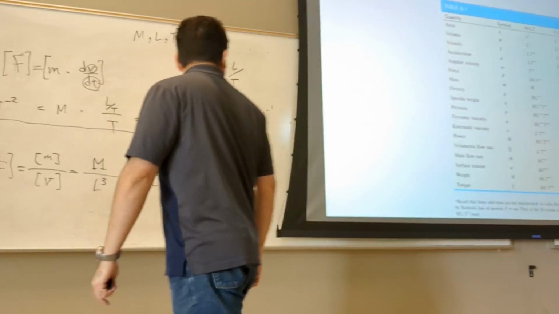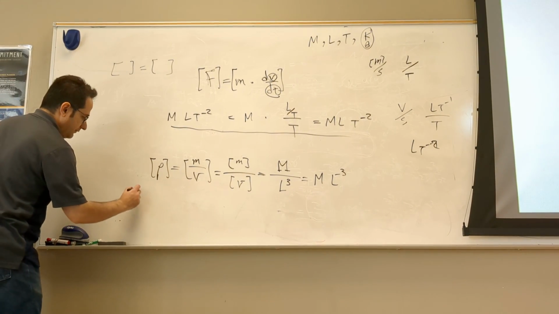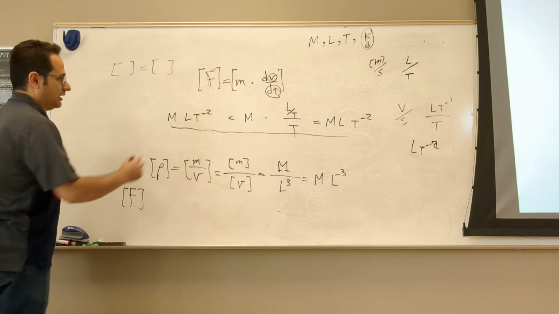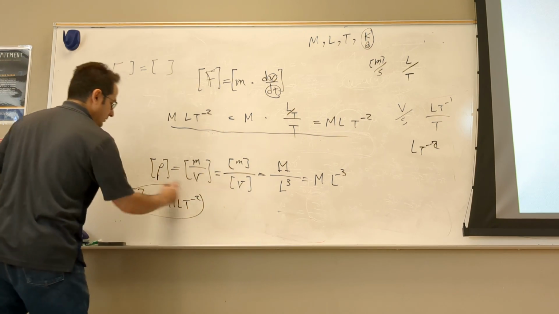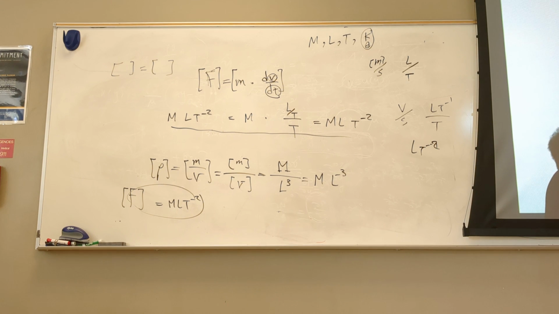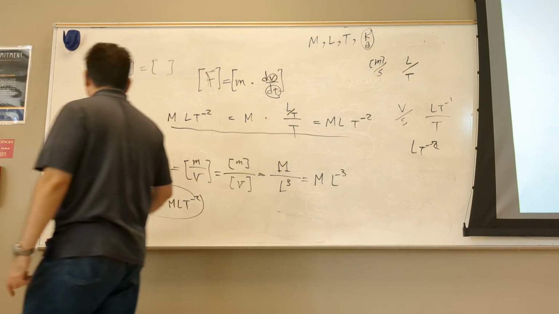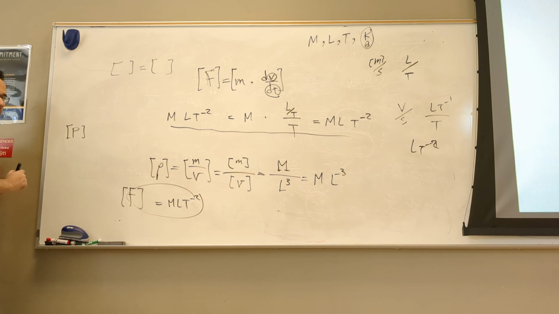And I want to do the force. What's the dimension of force? We already got it: M L T minus 2. And then, find the dimension of pressure. How do you find it?